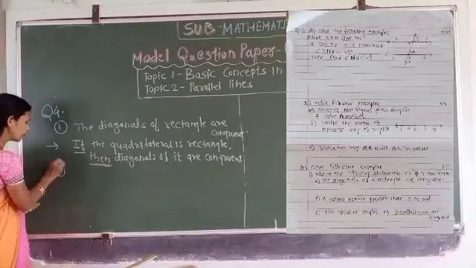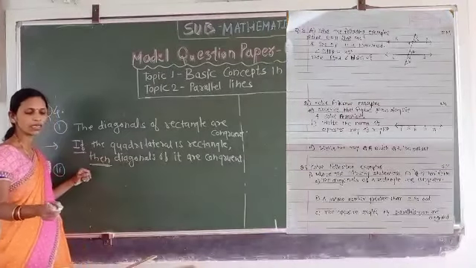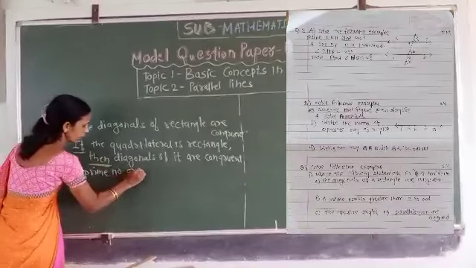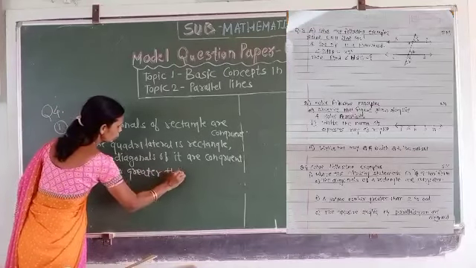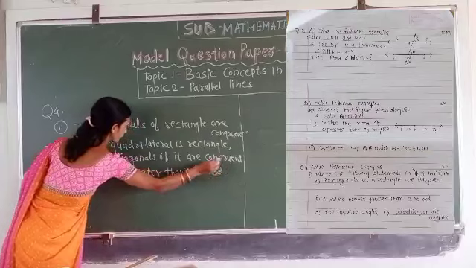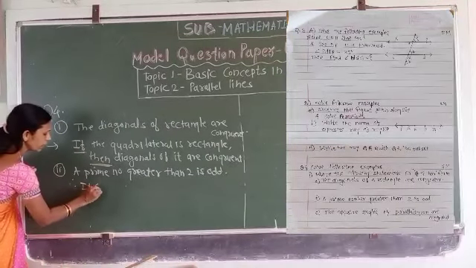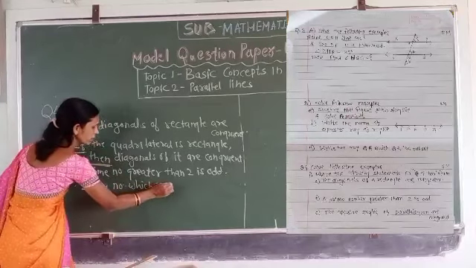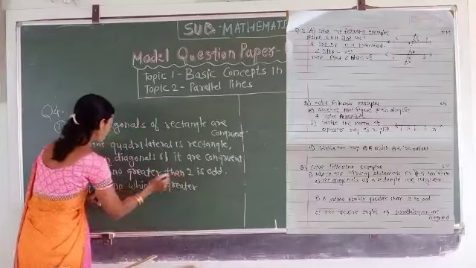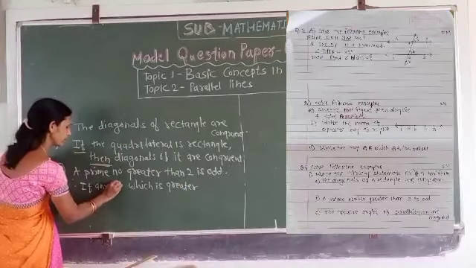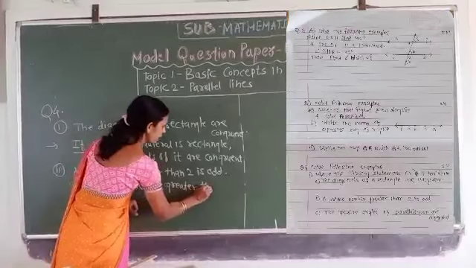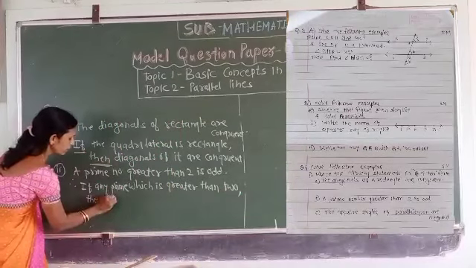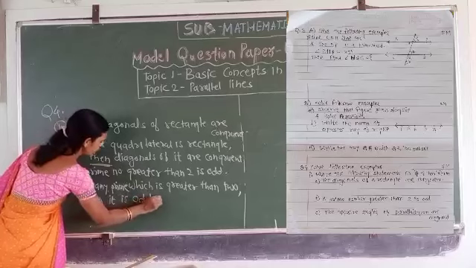Then question number 2, the statement which is given here: a prime number greater than 2 is odd. See here, if any number which is greater than 2, that is any prime number which is greater than 2, then it is an odd number.